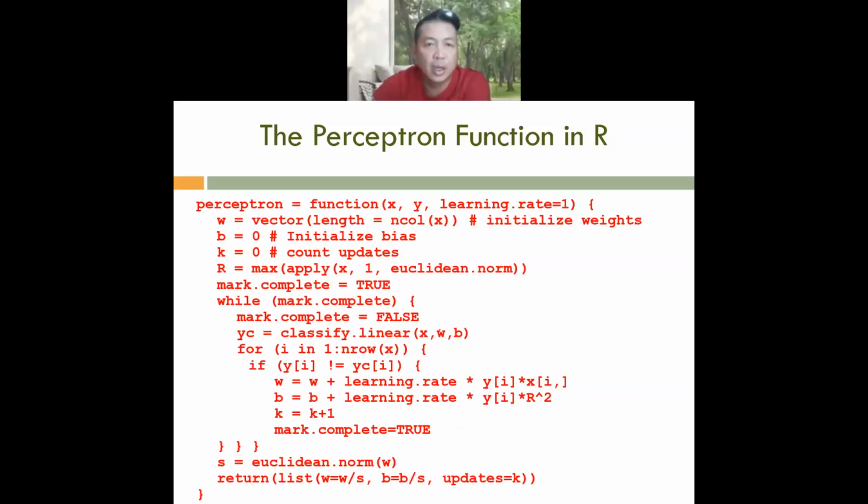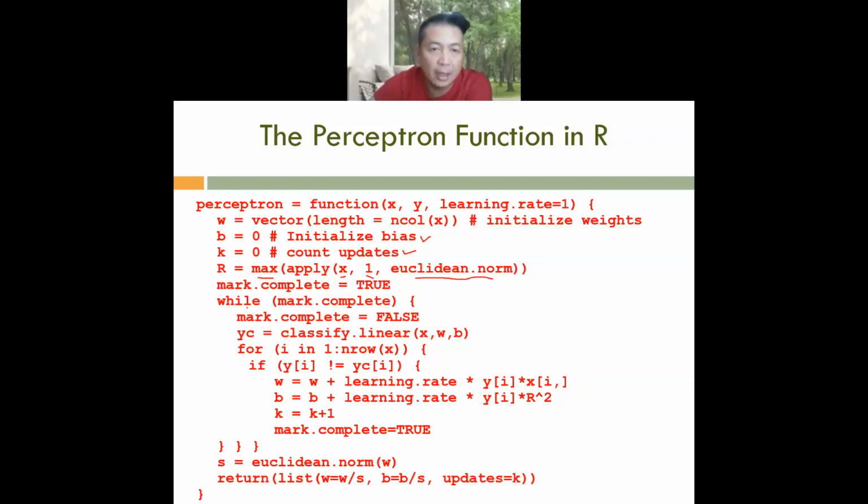This is the function that we use in updating the weights. Firstly, we initialize the bias to be 0, and then we track the number of updates of the weights. This is computing the max value between the Euclidean distance norm and 1 for this particular x.